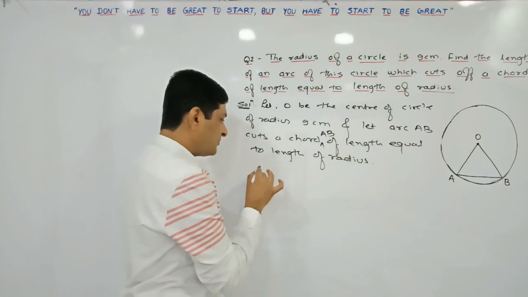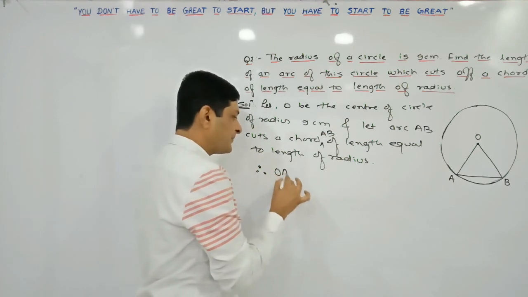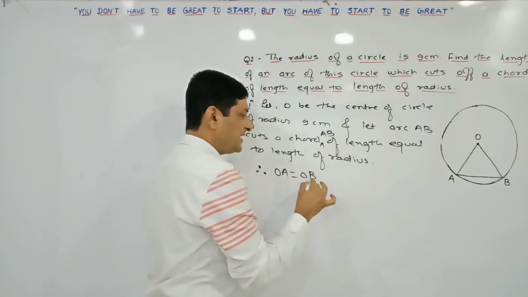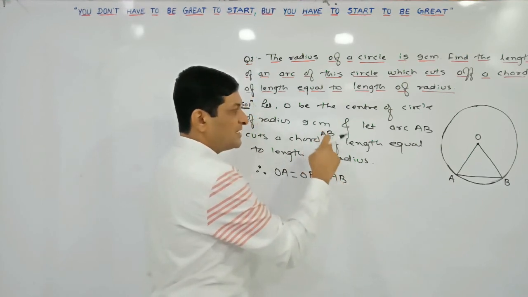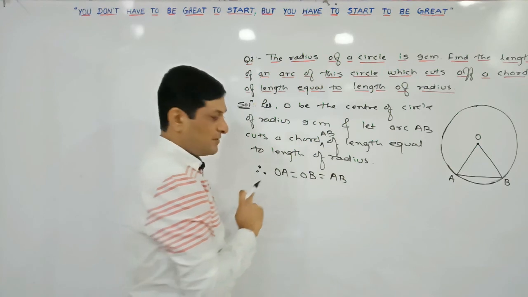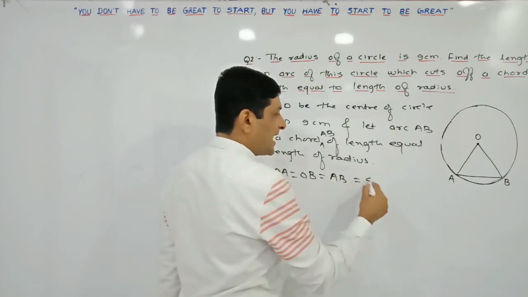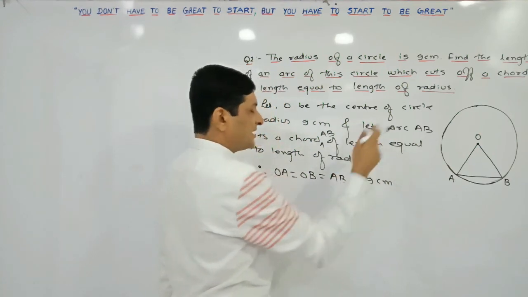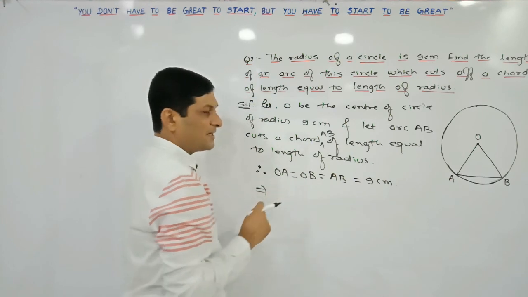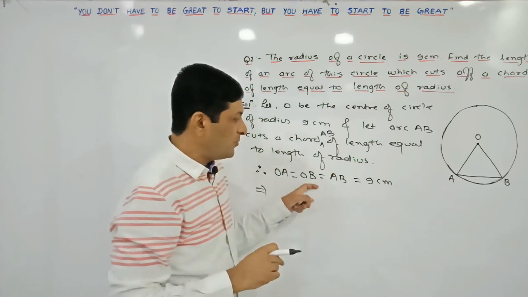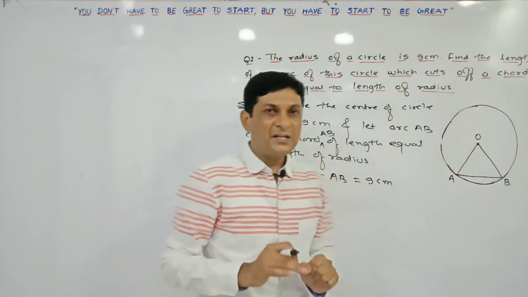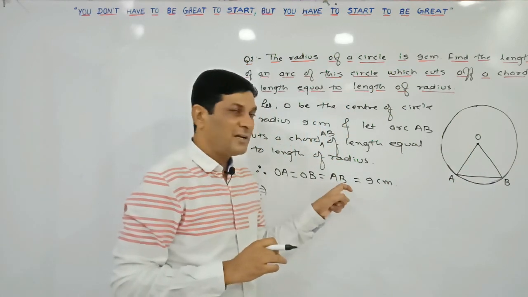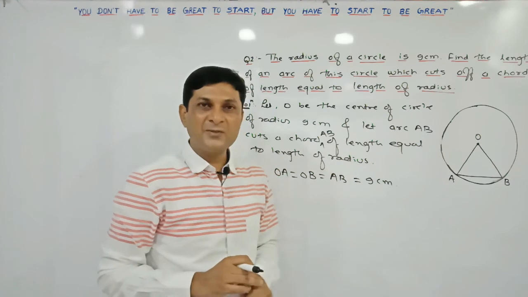So therefore we can say that here OA is the radius, OB is also radius, and AB is also equal to what? AB is also equal to radius. Means the lengths of these segments are equal, and equal to what? 9 centimeter. So this implies that if you observe here, OA, OB and AB are the sides of this triangle, and the lengths of three sides are equal, means we can say that the triangle is what?